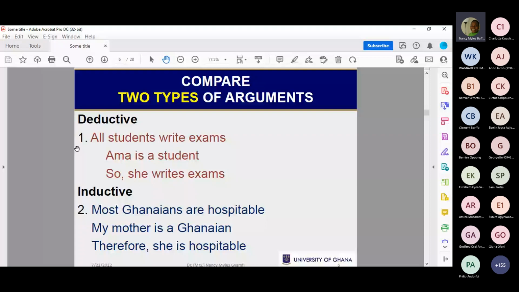All students write exams. You see how I've moved from the word deductive and I'm now talking valid? Because if you do the deduction correctly, the quality we'll label it by is that it is what? Valid. So a valid deduction has a certain nature. What is it? It has premises that if you assume them to be true, would necessarily make their conclusion also true. Why?